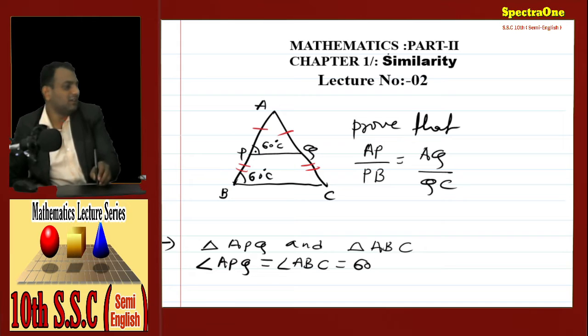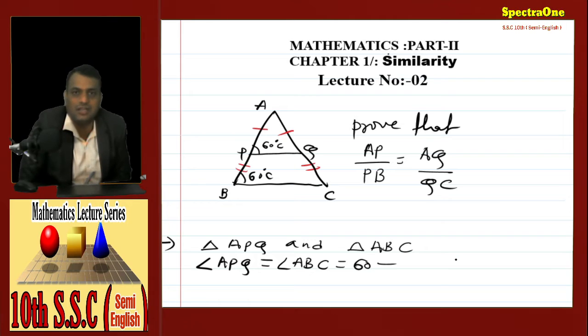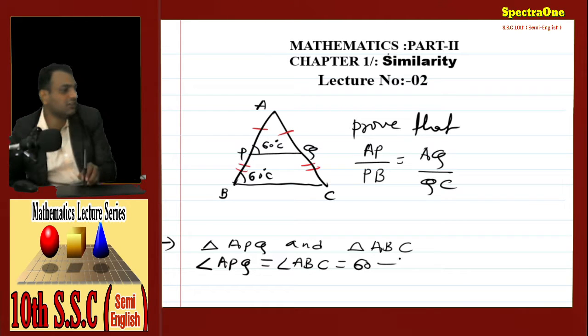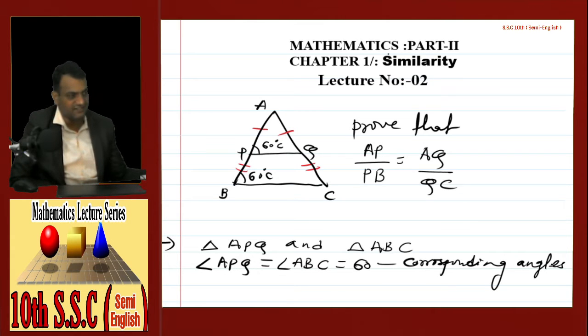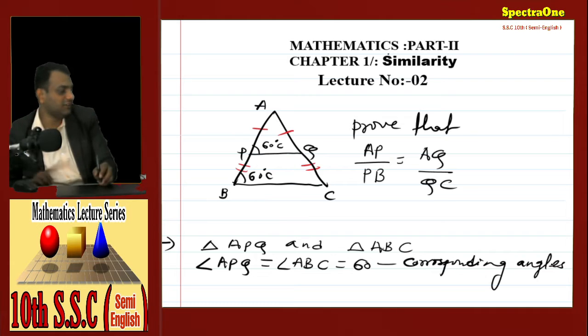If you consider PQ is one line and BC is another line, and the angles are equal, then these are corresponding angles. When the angles are corresponding angles, then according to the corresponding angle theorem, PQ is parallel to BC.